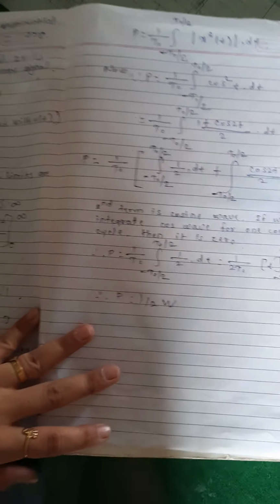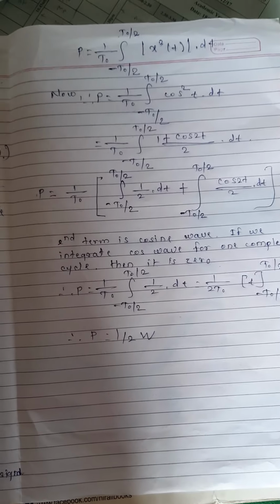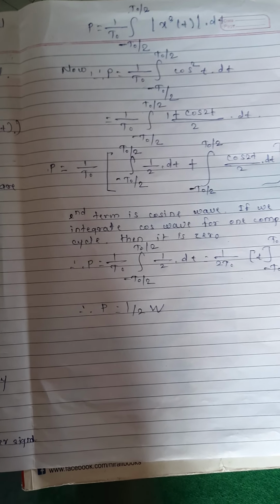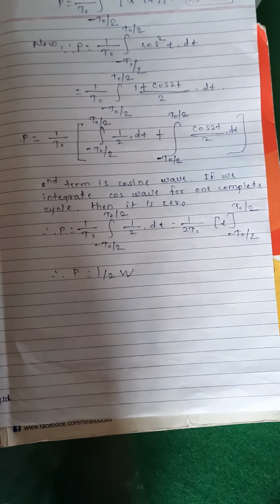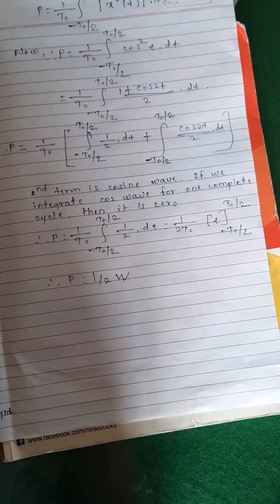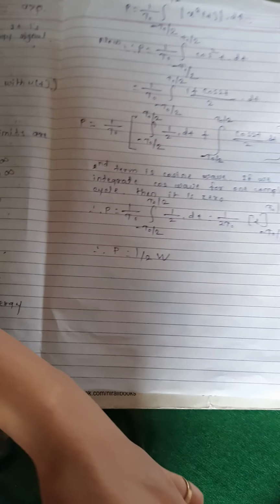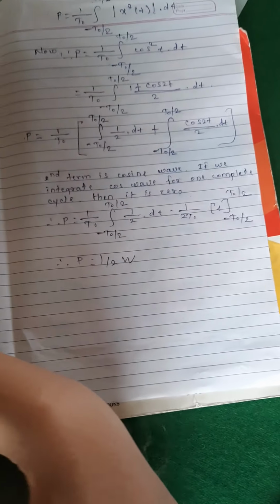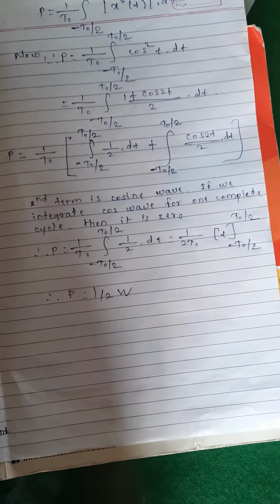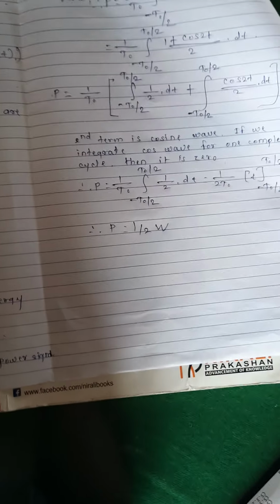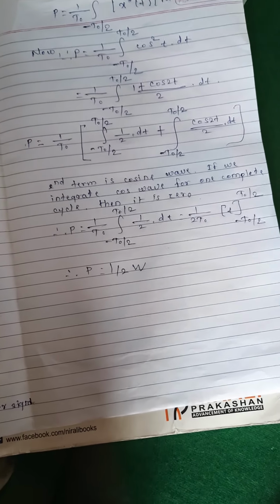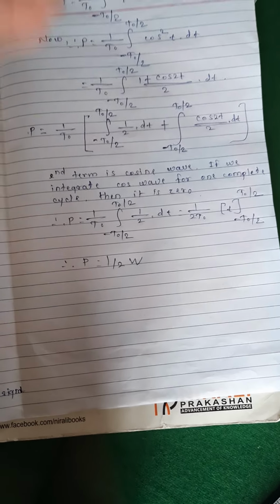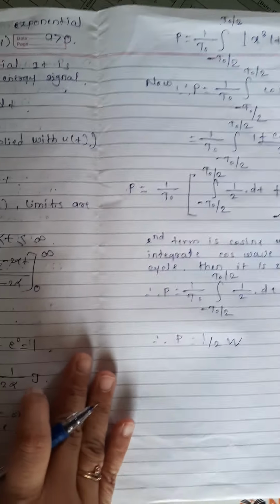Now as it is a power signal, for a cosine wave power can be directly calculated, so P is equal to amplitude square by 2. So here x of t is equal to 1 cos t, that means amplitude is 1, so power is P is equal to 1 by 2 watt. Now the next problem, check whether the signals are energy or power.